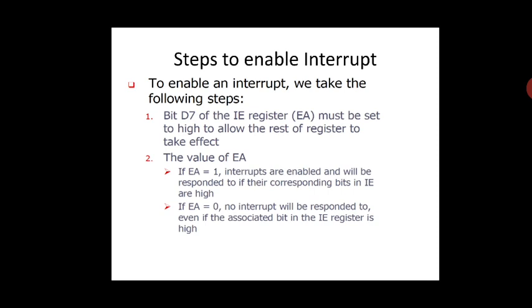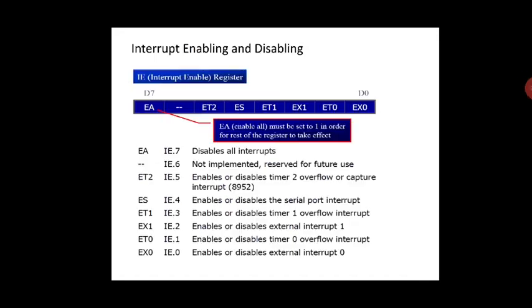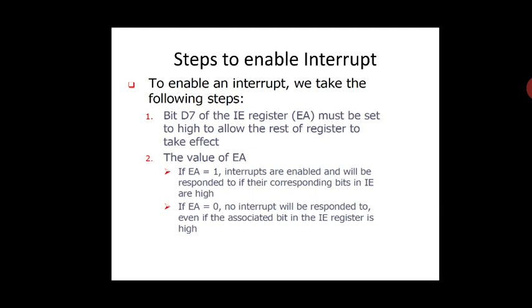This is the basic step of operation in how the interrupt gets served. EA disables all the interrupts: if it is set to 0, it is masked, meaning it won't respond to any device associated through the IE register.